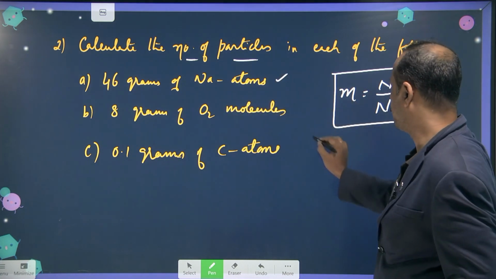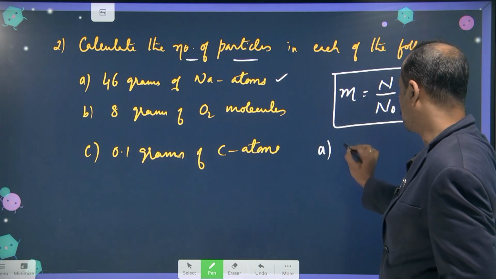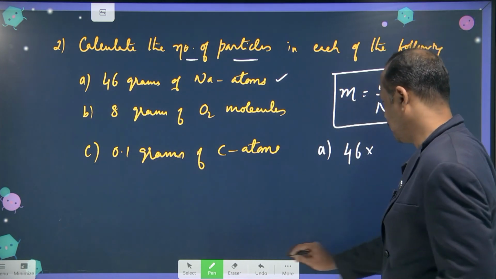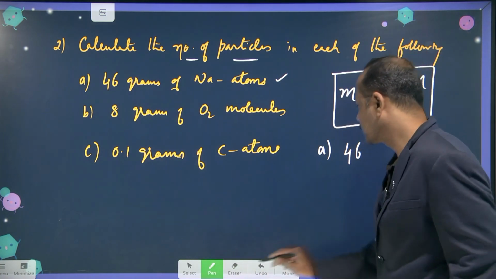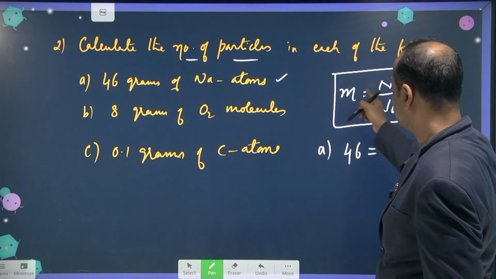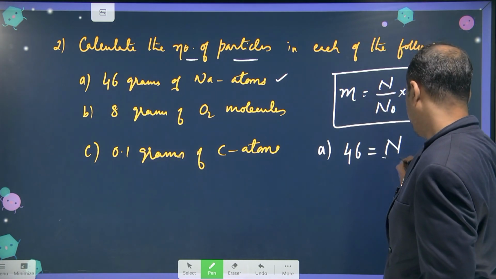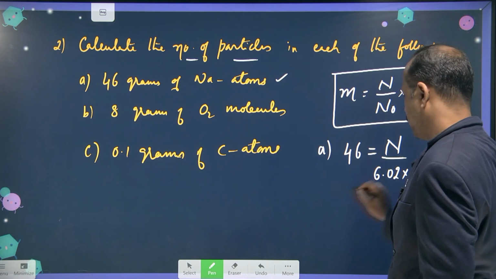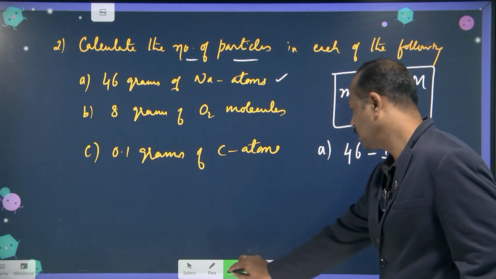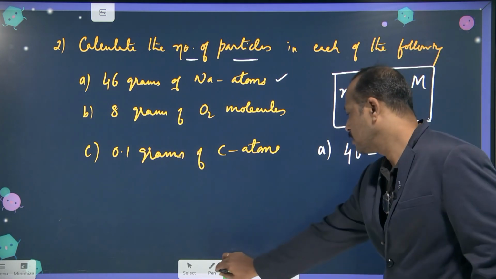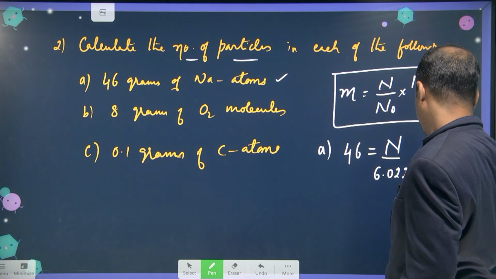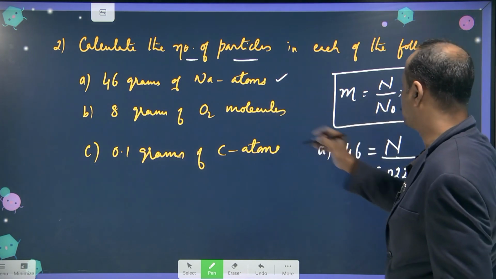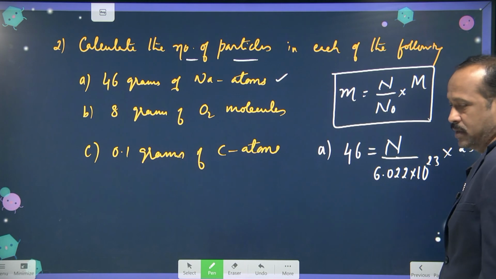For the first one, M is equal to 46, so I write here 46 into, I want the number of atoms, so that is equal to capital N, the number, which I need to find, divided by N naught, which I know is 6.022 into 10 to the power of 23, into the atomic mass of sodium, which is 23, yes or no?